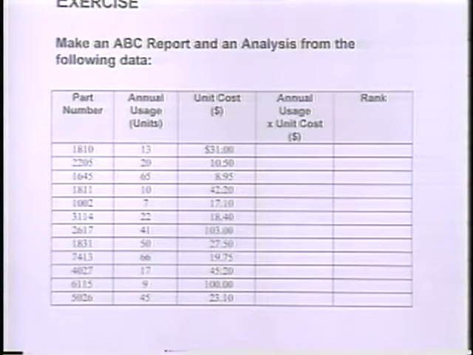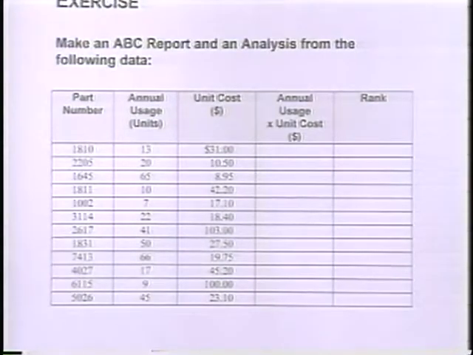Turn to page 13, and here I have a little homework exercise for you. We have 12 part numbers listed, starting at the left-hand side. You notice we have our annual usage in units. That comes off of the inventory record card.